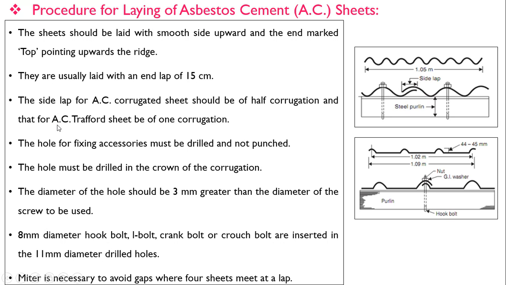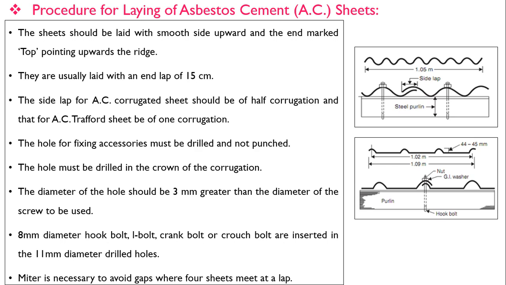So in case of corrugated asbestos cement sheet, half of the corrugation is used as a lap, and in case of Trafford sheet, a complete corrugation is used to provide a side lap.